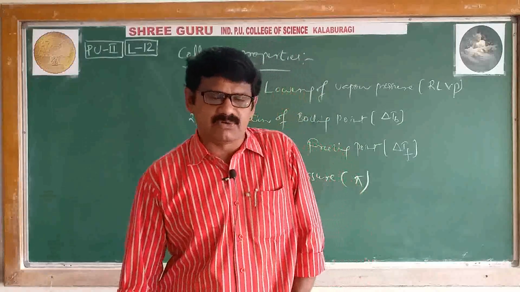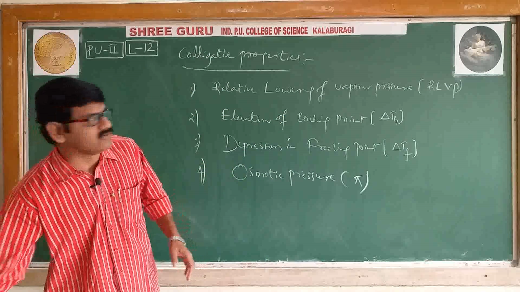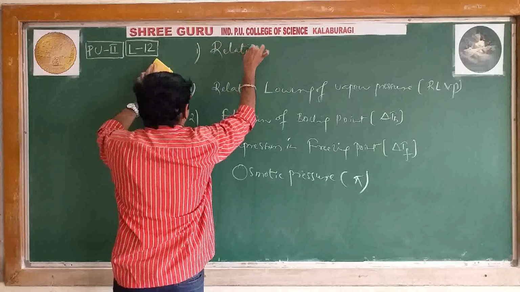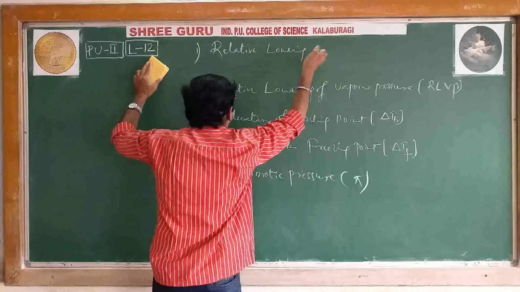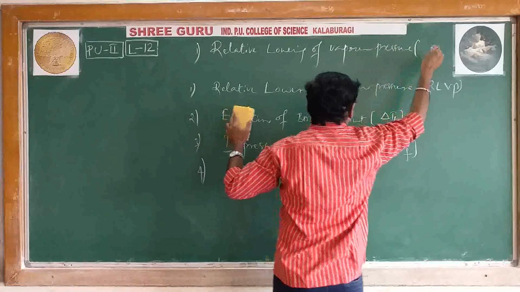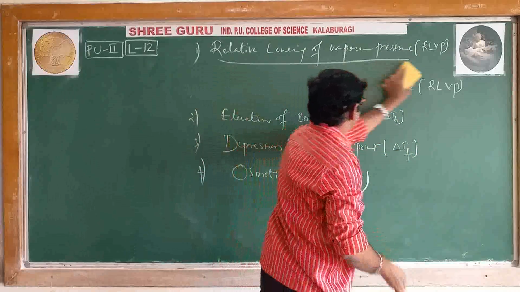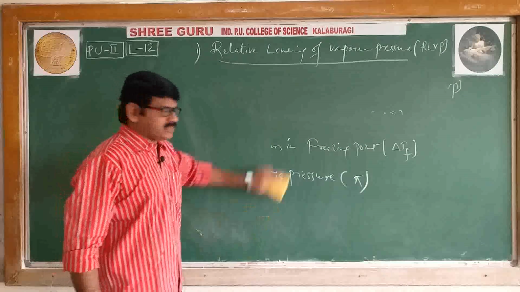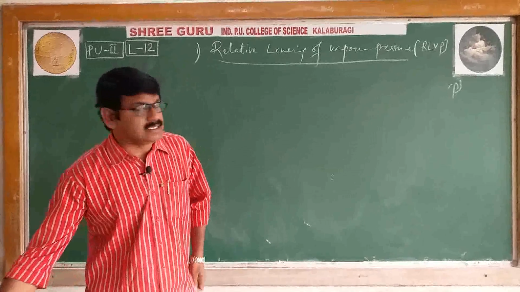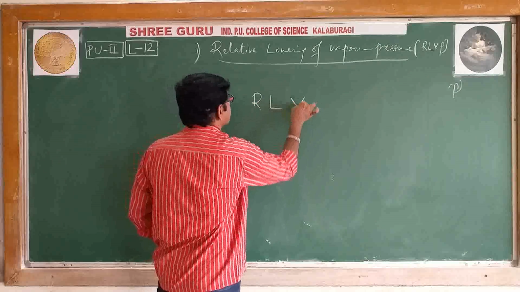Now we'll see all colligative properties one by one. Let's take first relative lowering of vapor pressure, which is designated with RLVP. Before we start relative lowering of vapor pressure, we'll see how many definitions are combined here.